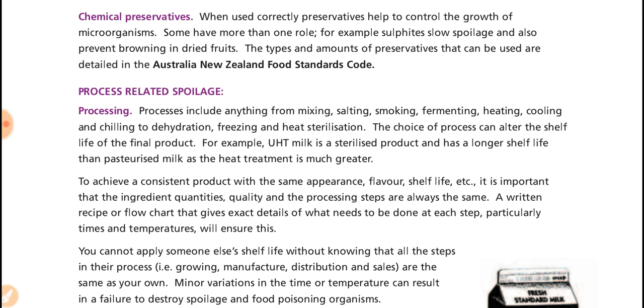So with different processes, there are different shelf life levels. Which technology, which process you have utilized, that is also one important aspect to determine in the shelf life study.